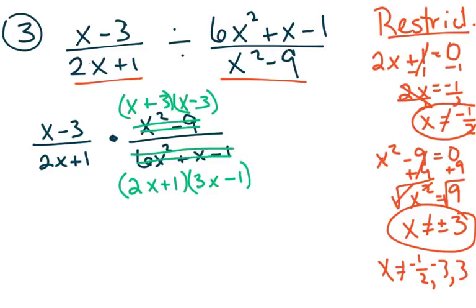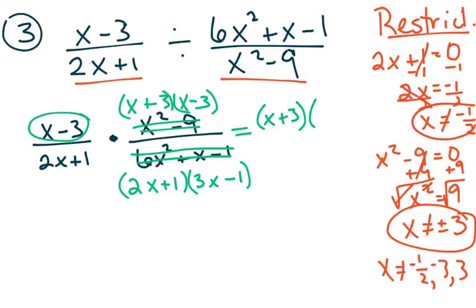Okay, again, we've got to be prepared for all of our factoring. So this is nice and ugly. I'm not going to FOIL anything back out, but I get an x plus 3.